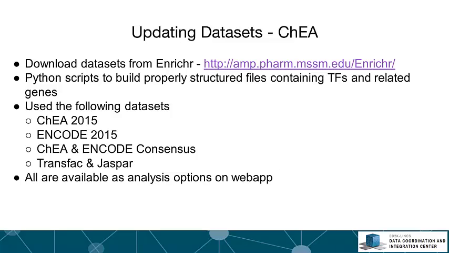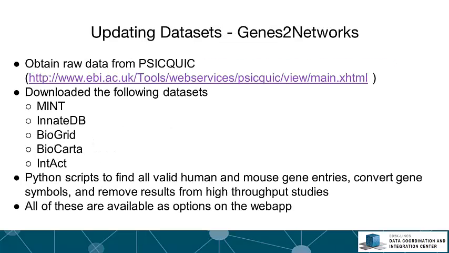The next step was to update the datasets for genes to networks, the second analysis tool. The raw data was obtained from Pathway Commons, which is this big hub of many different protein-protein interaction datasets. And the following 5 were selected to be updated: MINT, InnateDB, BioGRID, BioCarta, and IntAct.